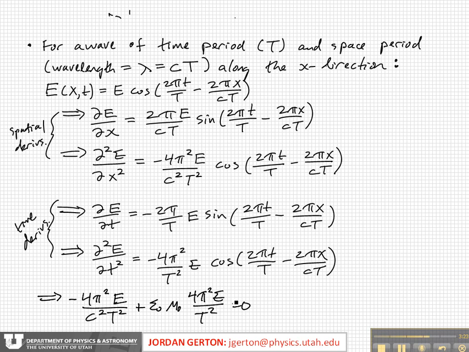Okay, so we can get rid of the 4 pi squares, E, t squares, and what we're left with is that the product of these two things, of the permittivity and the permeability, is 1 over the speed of the wave squared, and so we can also write this as c, the speed of the wave, is equal to 1 over the square root of this product of fundamental constants.